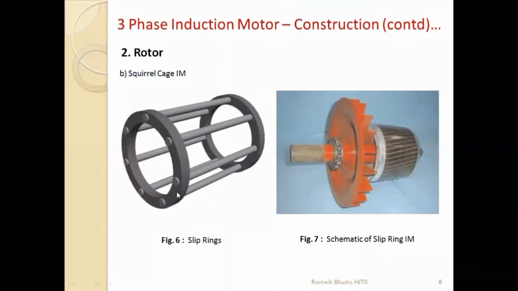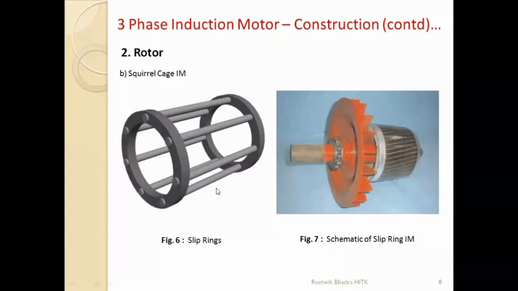This part is also short circuited. One side forms the rotor and one side is connected to the shaft. This is your shaft. One side is connected to the shaft, which is connected to the load. So this is a schematic of your squirrel cage induction motor, how it looks.